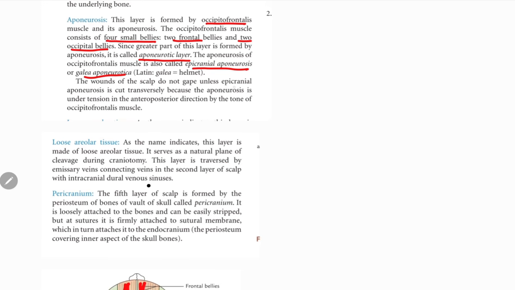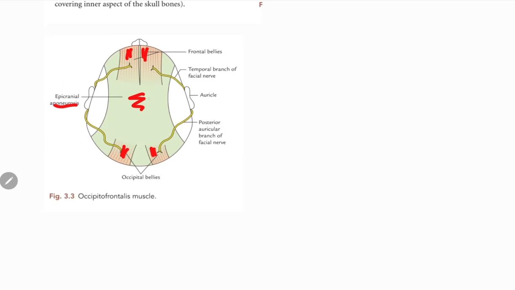The wounds of the scalp do not gape unless the epicranial aponeurosis is cut transversely, because the aponeurosis is under tension in the anterior-posterior direction by the tone of the muscle. So if we cut transversely, then only it will gape.